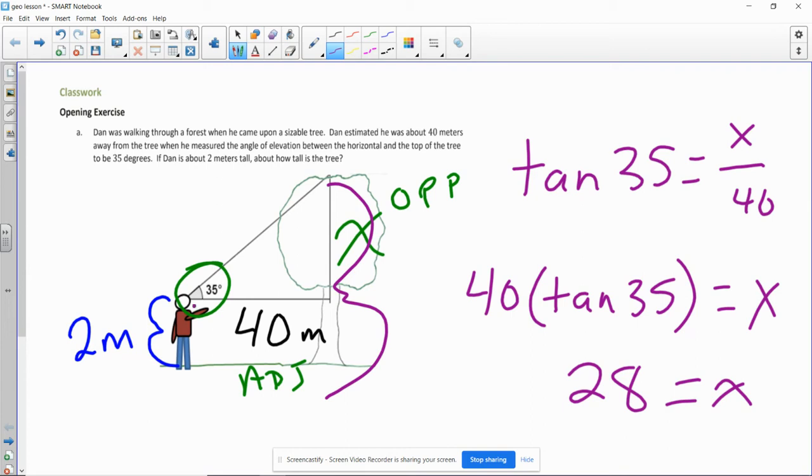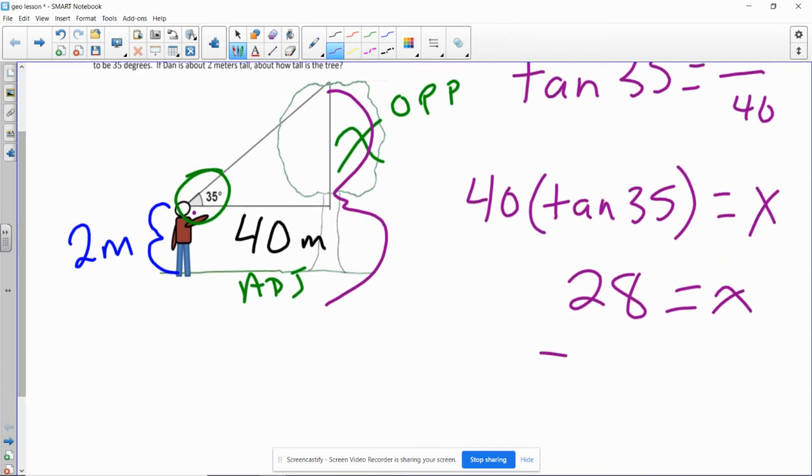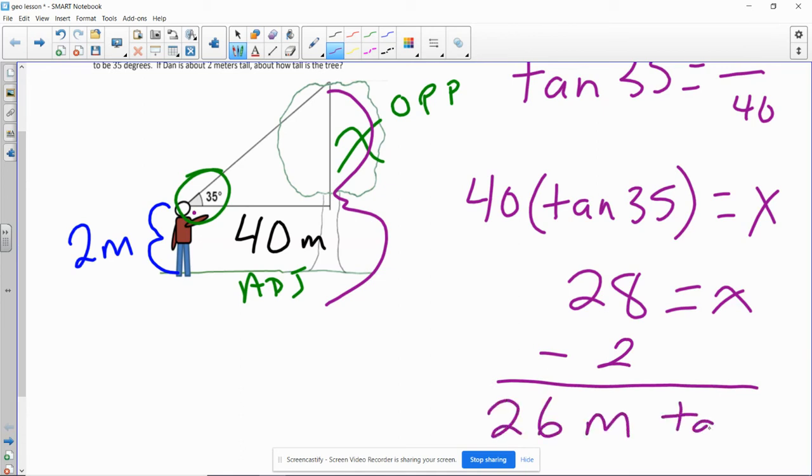So I have to subtract those 2 extra meters. And 28 minus 2 is 26. So that's if we're asked to figure out a side and we're given an angle.